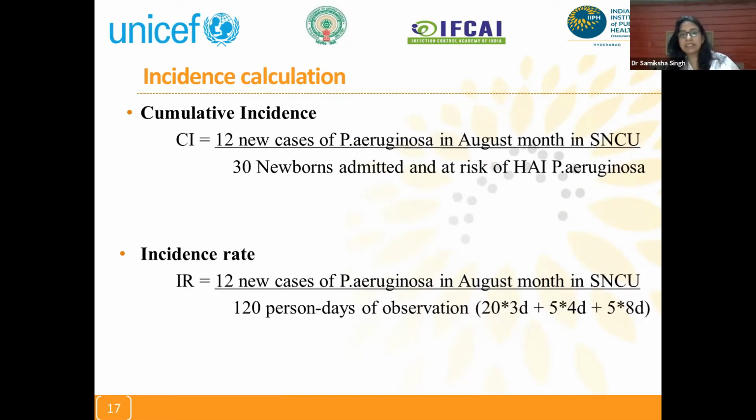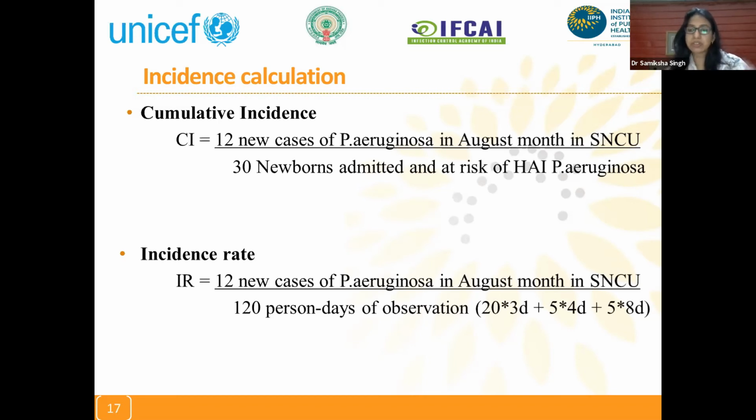So for cumulative incidence, this is an example. Remember, we talked about an outbreak of P. aeruginosa in my first class on the first day. So let's say in the outbreak period, in a month, August month, they found 12 new cases of Pseudomonas aeruginosa in SNCU, whereas there were 30 newborns who were admitted overall in that month, right?